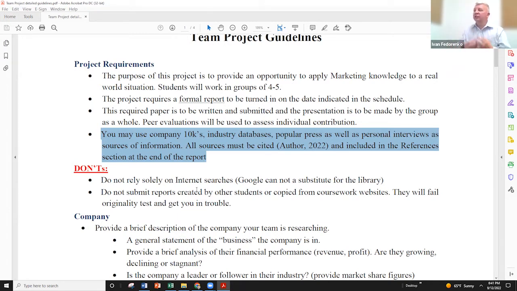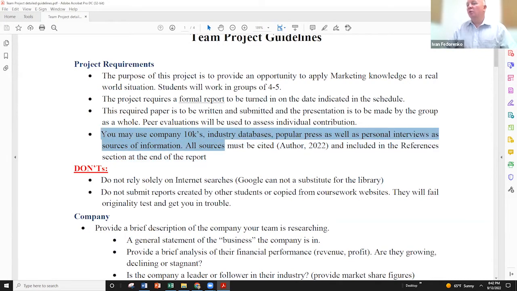You can use some business media, like Wall Street Journal or Economist reporting on the company, and Adweek, some marketing publications reporting on the company's actions.